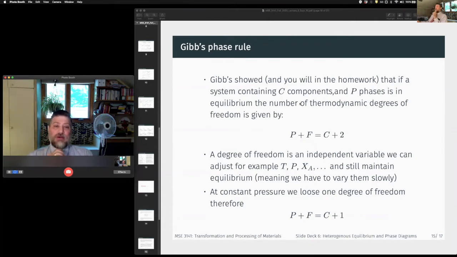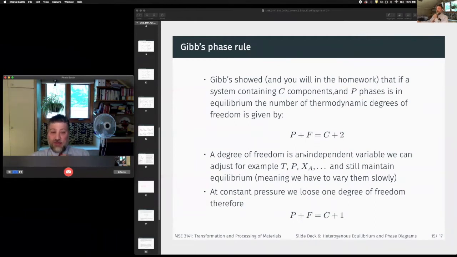But anyway, Gibbs showed that if I have C components and P phases, then my F, these are my degrees of freedom, are all related by this really simple equation: P plus F equals C plus 2, right? And what do I mean by a degree of freedom?